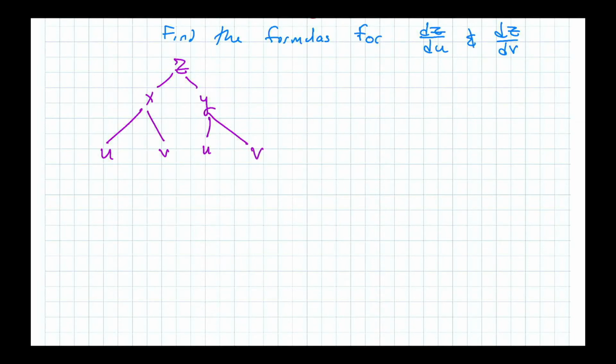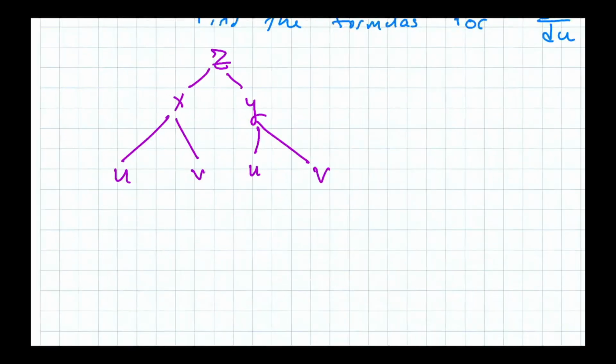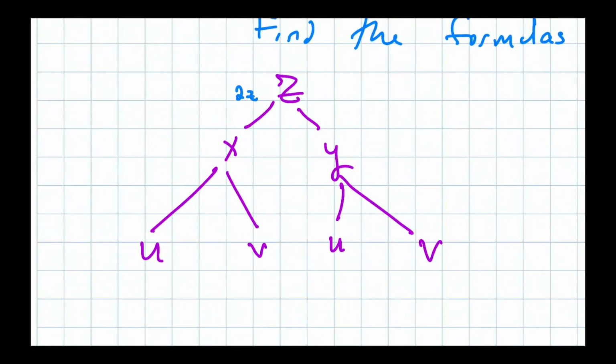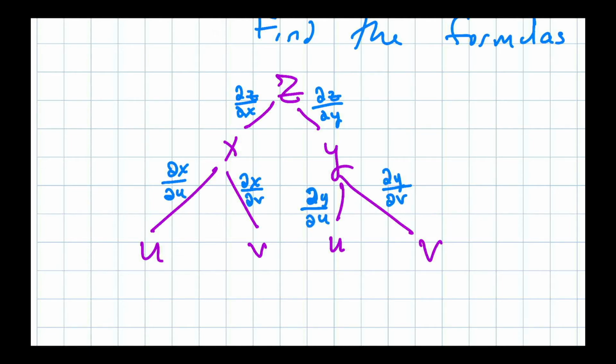And so each of those lines, remember, is a partial derivative. So you've got a lot of partial derivatives on here. We've got partial z partial x, partial x partial u, partial x partial v, partial z partial y, partial y partial v, partial y partial u. Right? So there's a bunch of derivatives here. You don't necessarily use all of them every time.